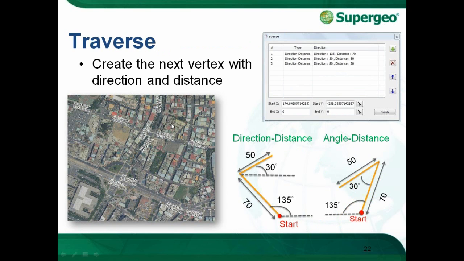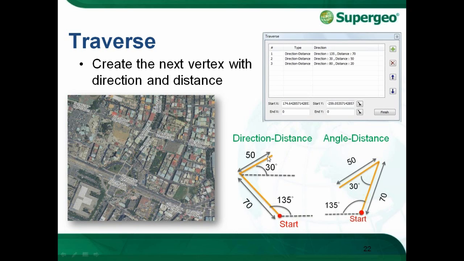For example, you can use the traverse function to create the next vertex with a specified direction and distance. For this figure, this is the start point. We can give a direction and a distance to add another vertex here, and it will become a line.